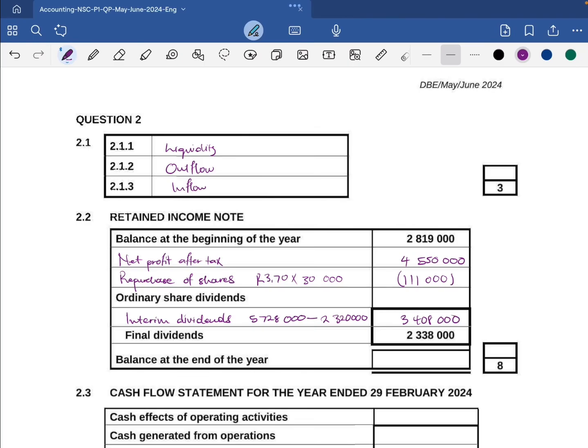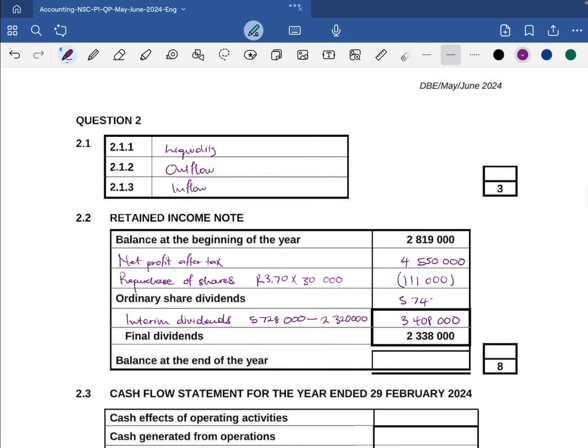Okay, that's our interim dividend. Then we just need to now sum up our dividends and see what we're going to have. So that's 5,746,000.